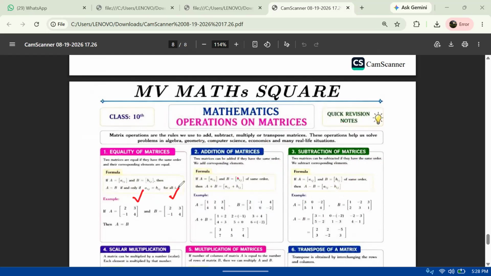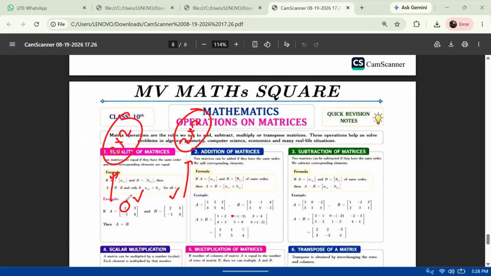These two matrices are equal if their order is same. Like if A has order 2 by 2, then the next matrix also has order 2 by 2. So you can look here, it's order 2 by 2 and its order is also 2 by 2. So these two matrices are equal if their order is same, first condition. The second one is if their corresponding elements are equal. What is the corresponding element?